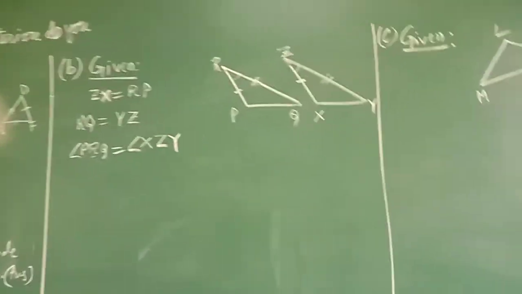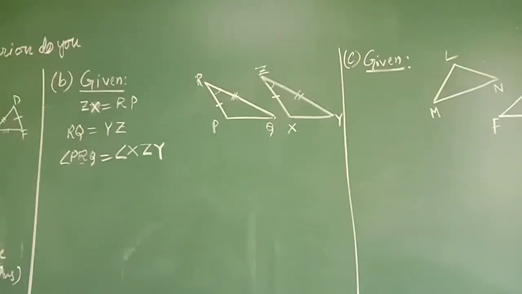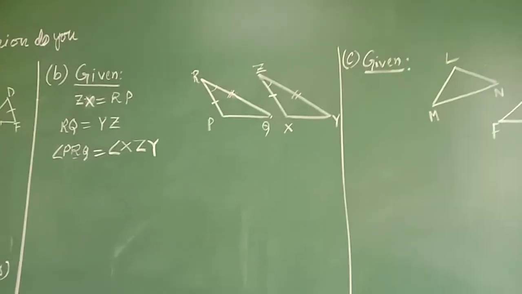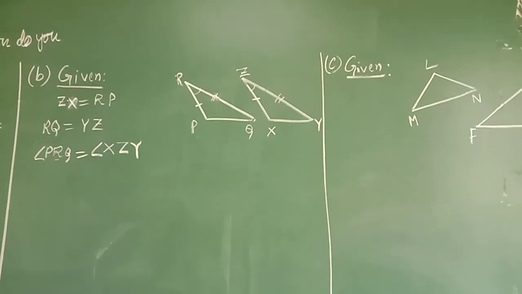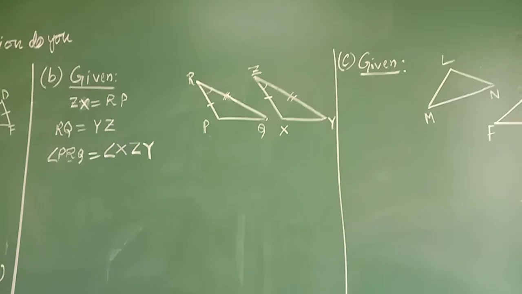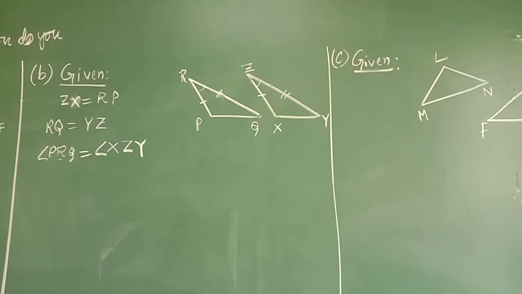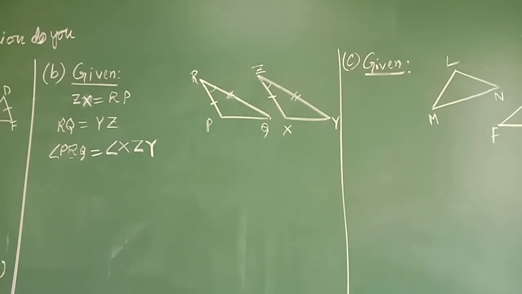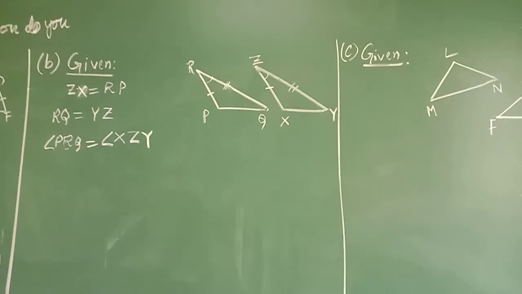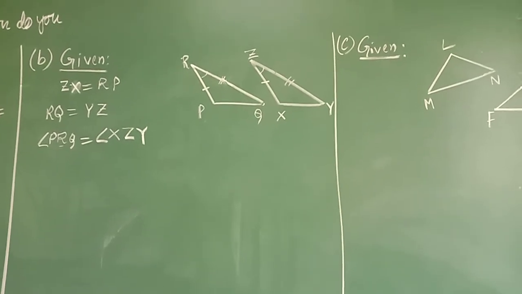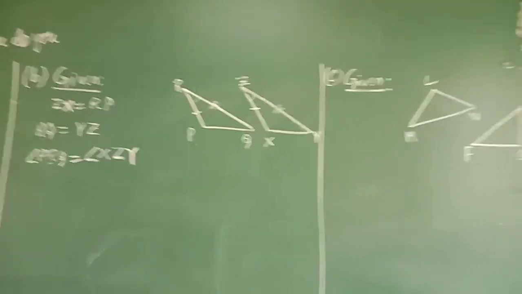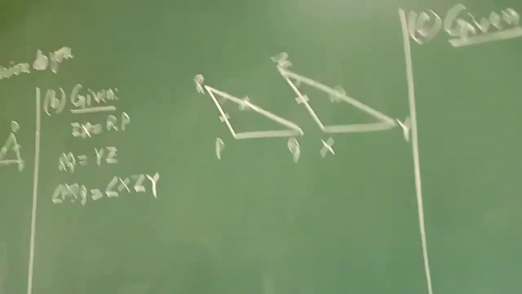In these two triangles, what I have seen is that ZX is equal to RP. I have marked single mark there, and RQ is equal to YZ. I have given double marks there, and angle PRQ, the angle made at the point R, is equal to angle XZY, the angle formed at point Z. Then by what criteria are these two triangles congruent?